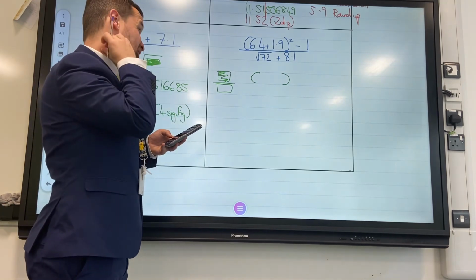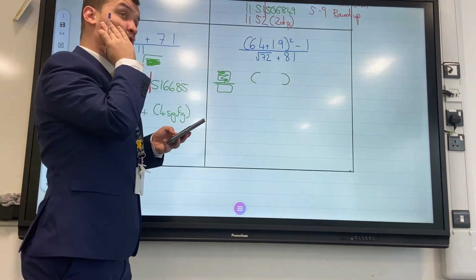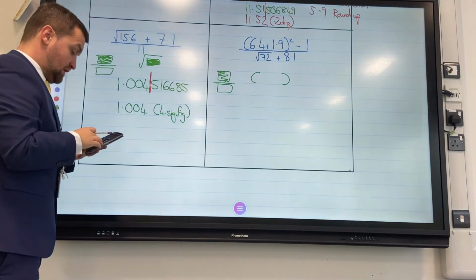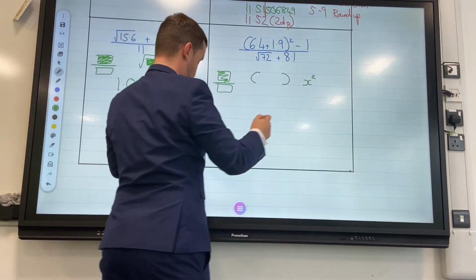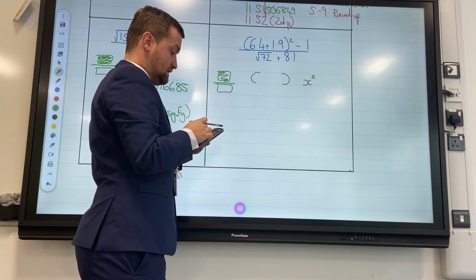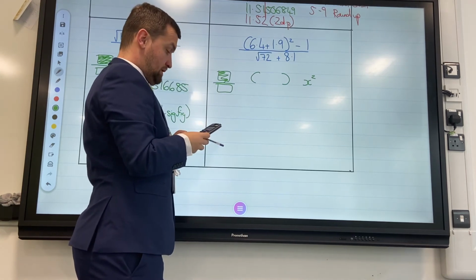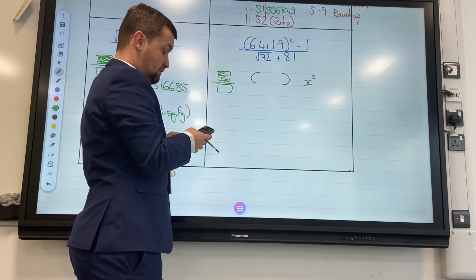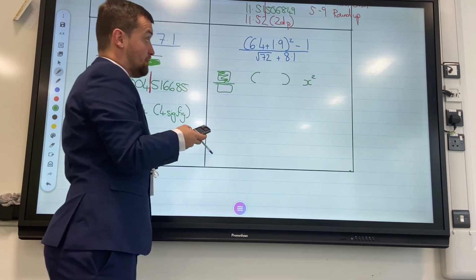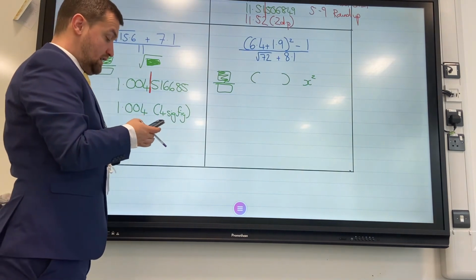And then we already know the button for the square. So if we're going to square something, it's the one that looks like x squared, like that. Okay, you're going to push that. Then you're going to put minus 1. Okay, bottom of the fraction, the denominator, press the down arrow. You then need the square root sign.